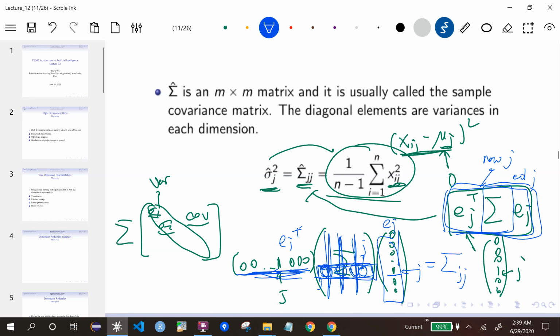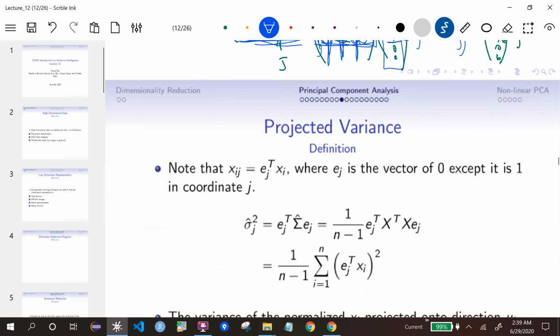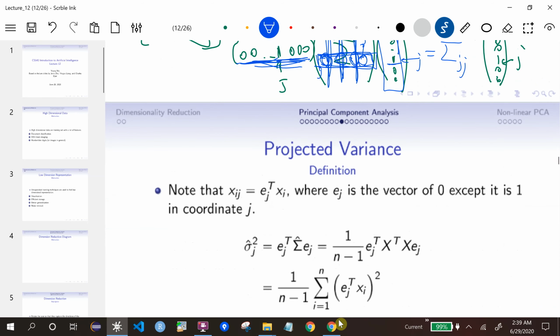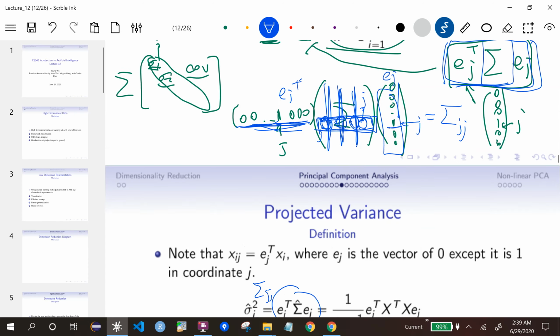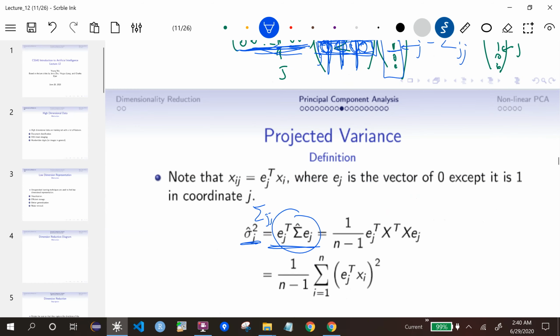Okay, and this idea is used in the next slide. What we're going to have is this variance element, which I said is sigma jj, is equal to the expression that we just derived, e_j transpose sigma e_j. And then we can write this sigma hat, or I just call it sigma, it's x transpose x.